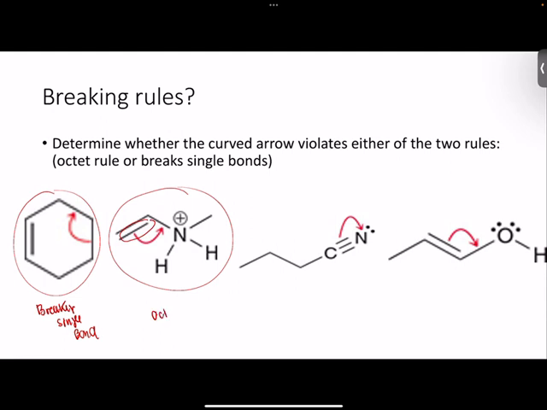So octet rule is broken. Remember, nitrogen with a positive can only do 4 bonds. So if we add another bond, it will be doing 5 bonds, and we don't want that because nitrogen with a positive charge can only do 4 bonds.